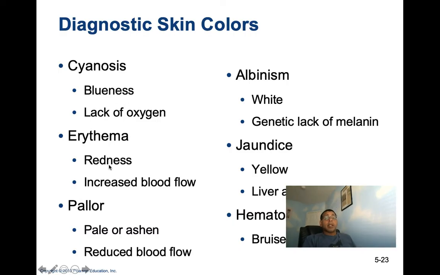Erythema is a redness to the skin due to increased blood flow. Pallor is a pale or ashen skin color due to reduced blood flow. Albinism is white, a genetic lack of melanin. Jaundice is a yellowing due to liver and bilirubin problems. And hematoma is a bruise.